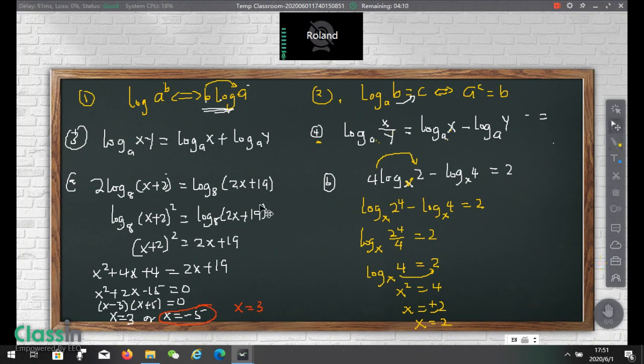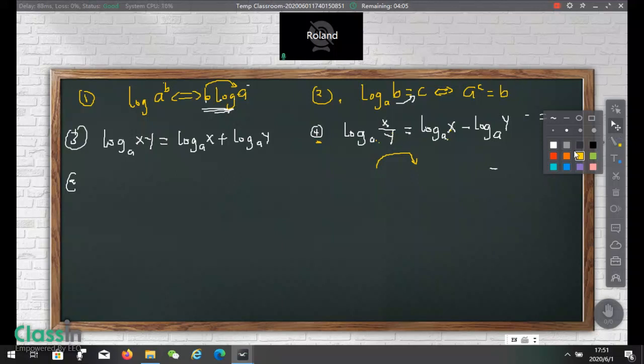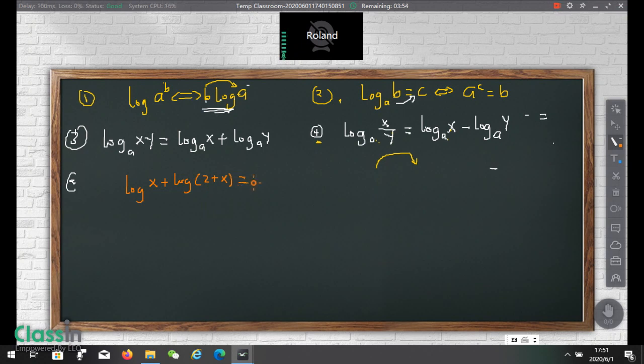Let's look at one last example. If you have log of x plus log of 2 plus x equals 3.